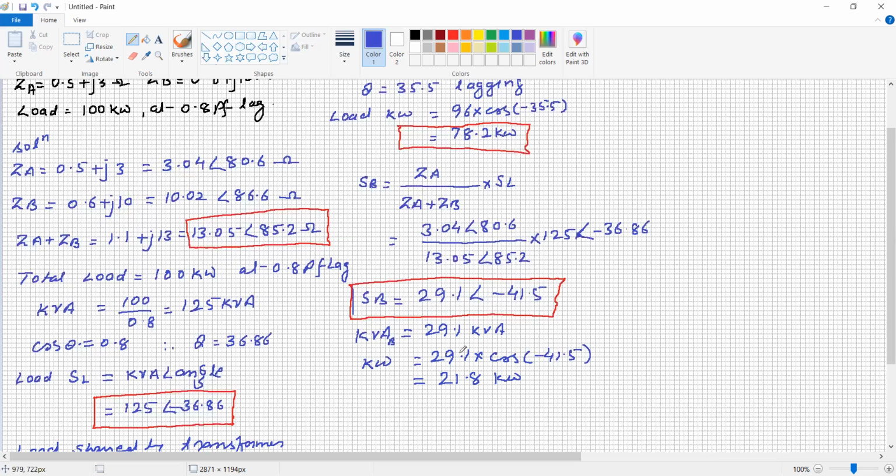So the addition of these two, 100 kilowatt and this kVA, is equal to 125 kVA.